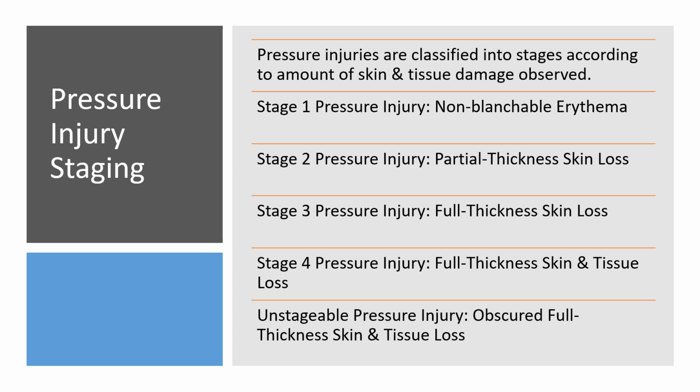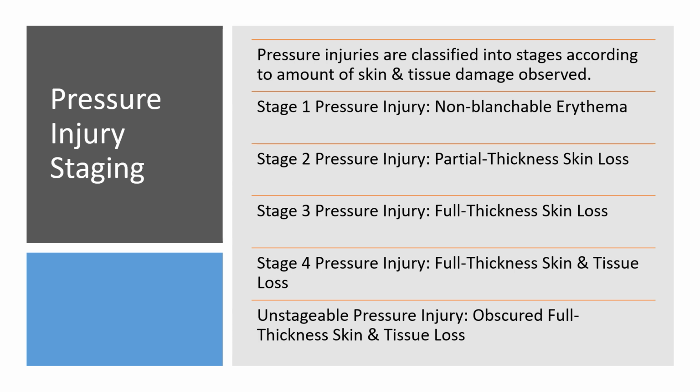A stage 3 pressure injury is a full thickness skin loss with visible adipose tissue. The granulation tissue is often present and the wound edges may be rolled. Dead tissue may have formed and undermining and tunneling may be present.